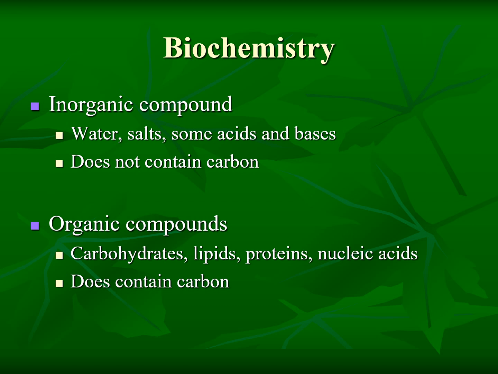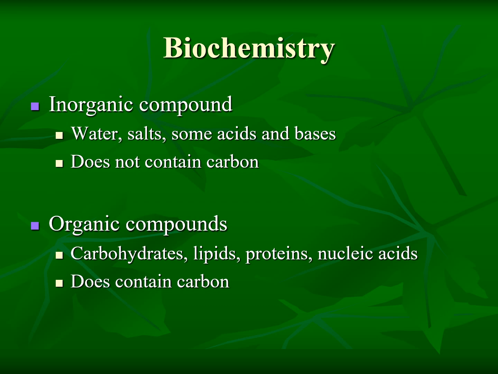When we look at the field of biochemistry, which is looking at chemistry as it relates to biology, compounds will be divided as either organic versus inorganic. Inorganic compounds do not contain carbon. In terms of human biology, we'll be talking about water, salts, some acids, and bases.